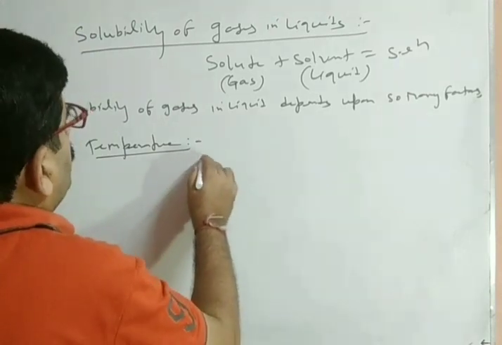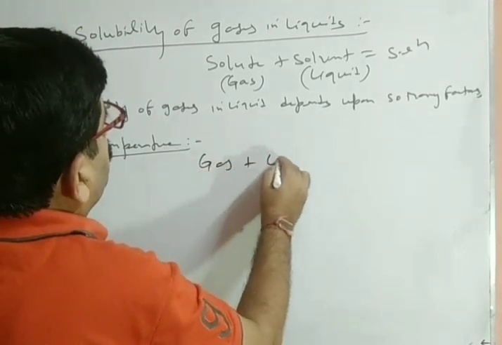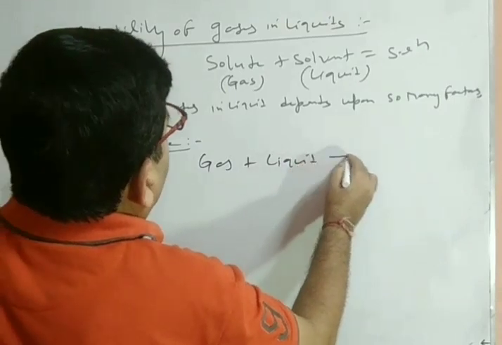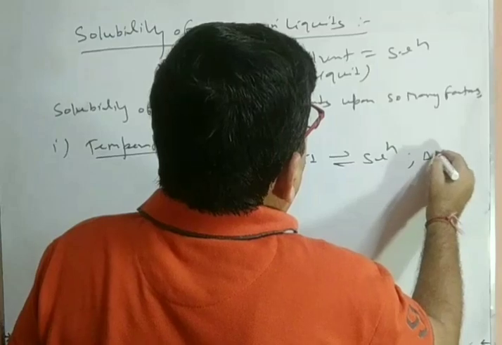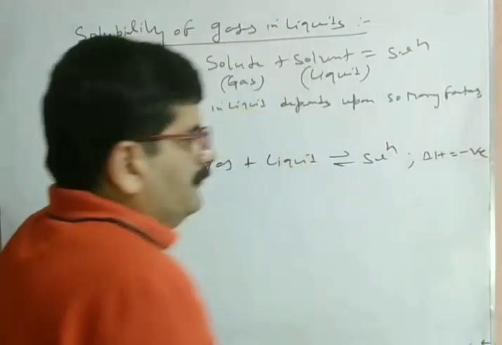That is, gas plus liquid to form a solution, delta H is equal to negative.